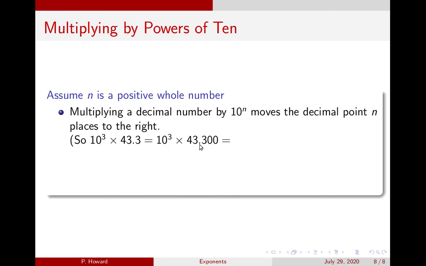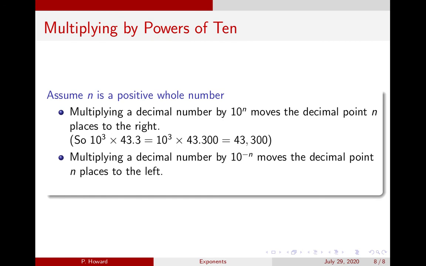And now we actually do the multiplying. So if you move the decimal point 3 places to the right, we get an answer of 43,300. What about multiplying by 10 to a negative power? Well, as you probably know here also, this will move the decimal point n places to the left.